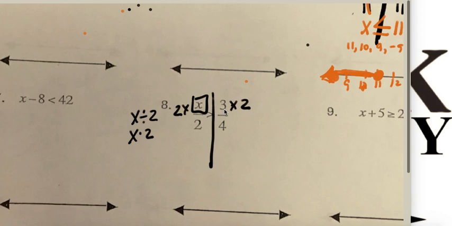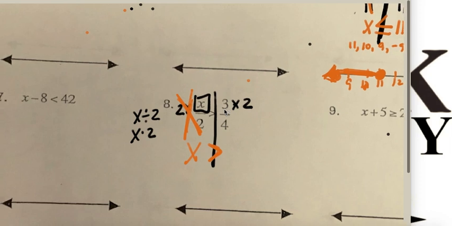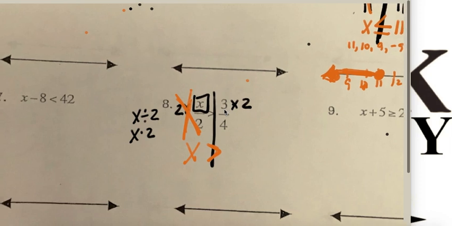And on the left side, 2 divided by 2 would cancel out. And I'm left with just x. X is greater than. Now look on the right, we have 3/4 times 2. Well, since I have a fraction here, I want to make him a fraction. It makes my life a little bit easier. So to do that, I put it over 1.